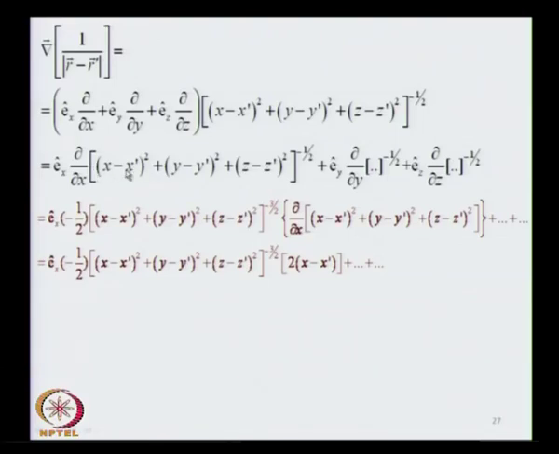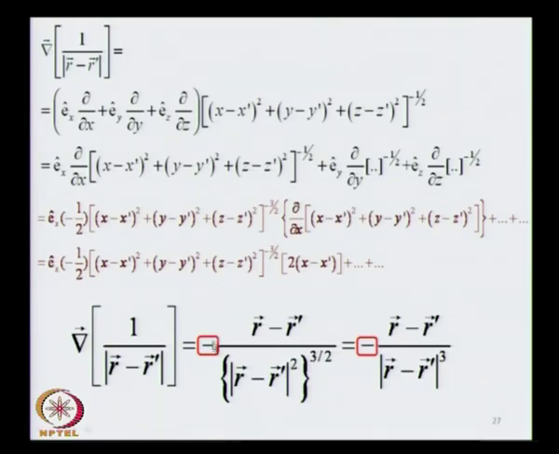So, del over del x of this whole term will give you minus half coming from here, and then this is to the power minus half minus 1, which is minus 3 by 2, and then you must take the derivative of this term over here, which is 2 times x minus x prime, and there are similar contributions from the derivative with respect to y and the derivative with respect to z.